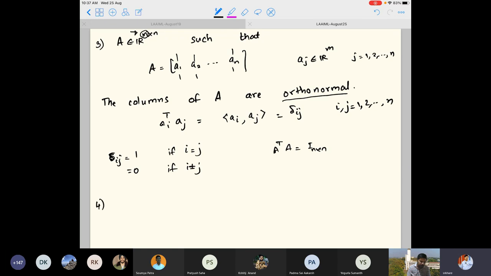One more example I want to take. This matrix, is it left invertible? Suppose I call this matrix A and I give you B equal to 1 by 9 into this matrix.